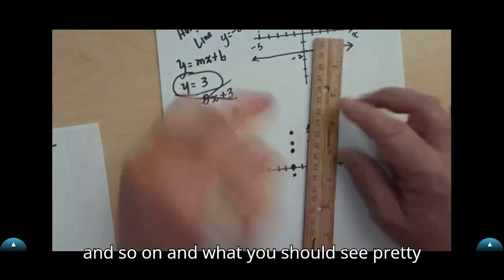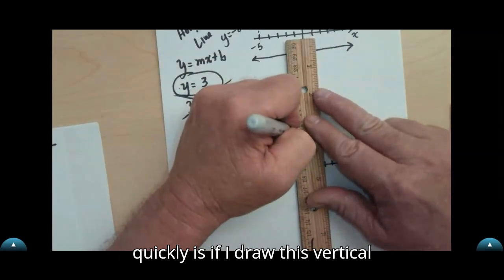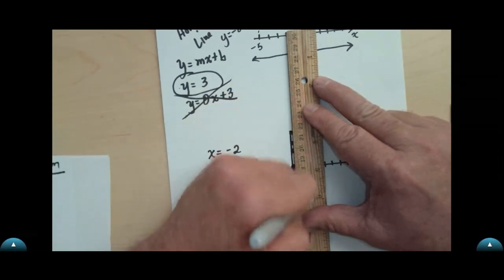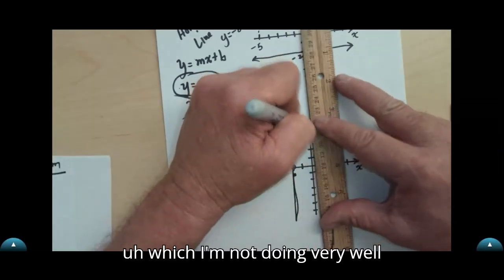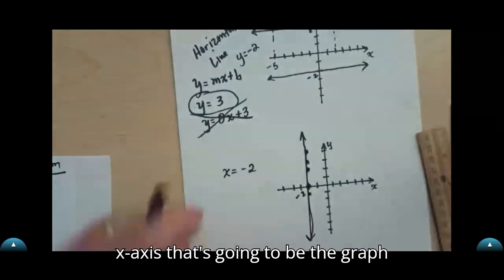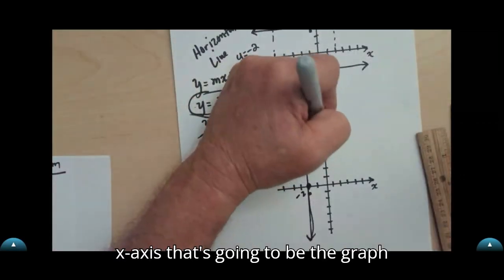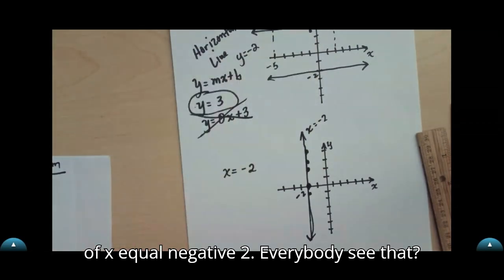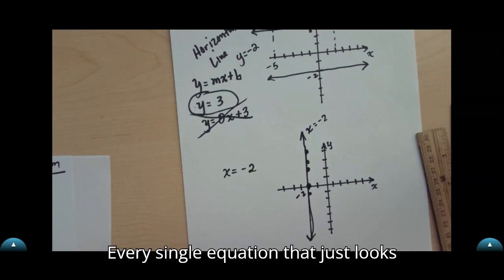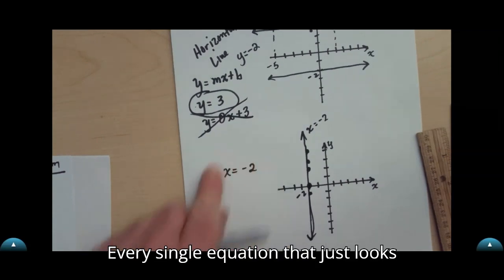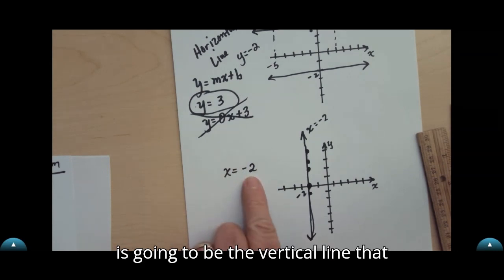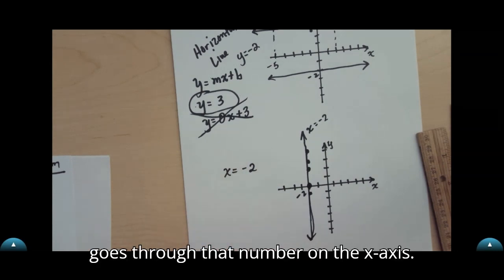And what you should see pretty quickly is if I draw this vertical line, which I'm not doing very well, that goes through -2 on the x-axis, that's going to be the graph of x equals -2. Everybody see that? So every single equation that just looks like x equals some number, the graph is going to be the vertical line that goes through that number on the x-axis.